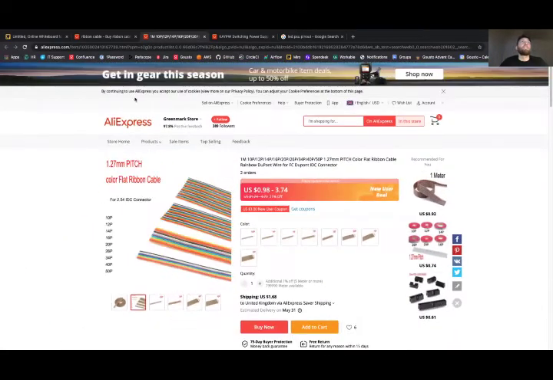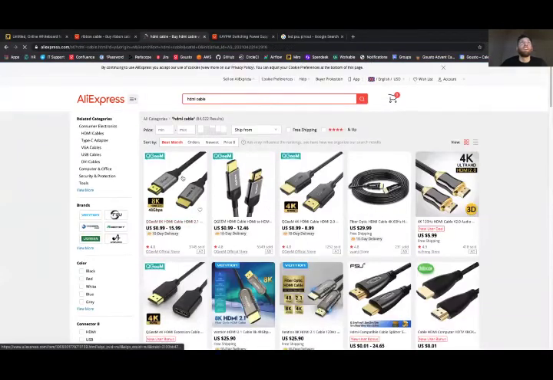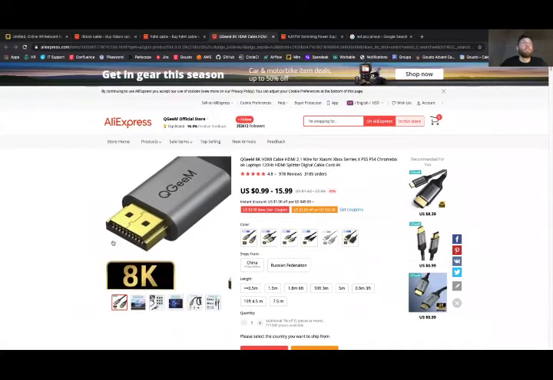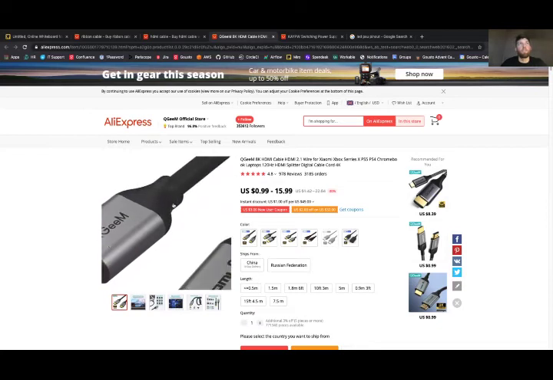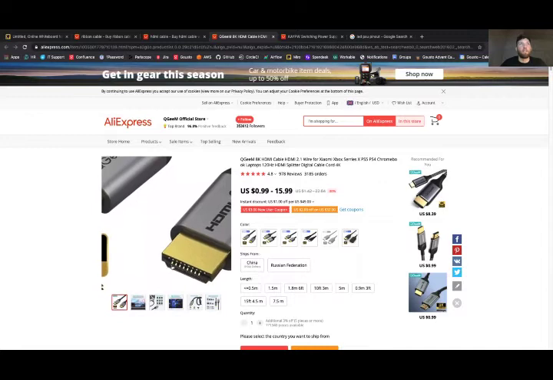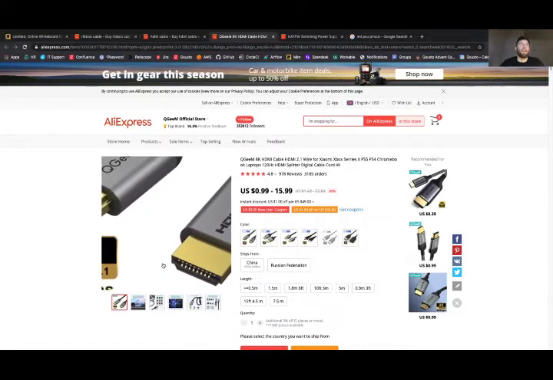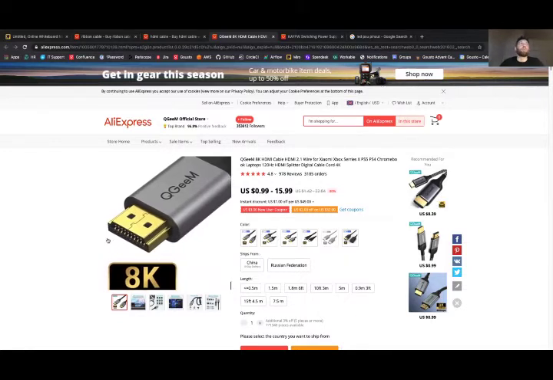Even if you look for an HDMI cable, it's really the same thing internally. So those little pins on the end, they all correspond to an individual separate cable that's running through the length of this and connecting into one of these pins on the other side. So this is a fundamental concept in circuit design. And it's not the sexiest part, but it is really important to get it right.